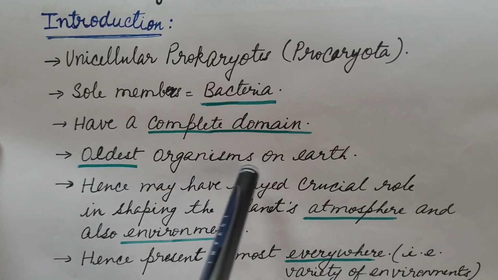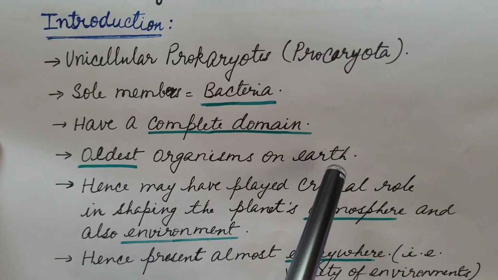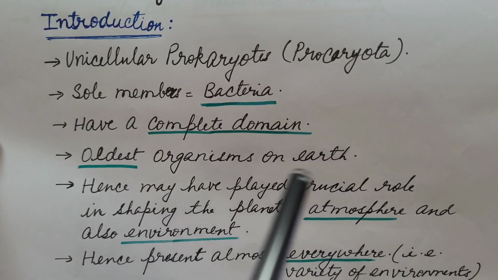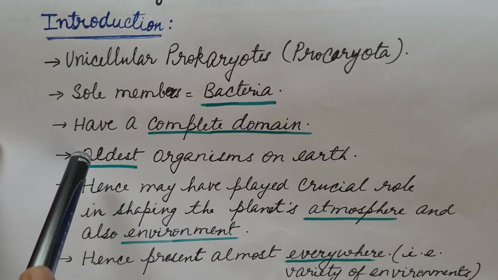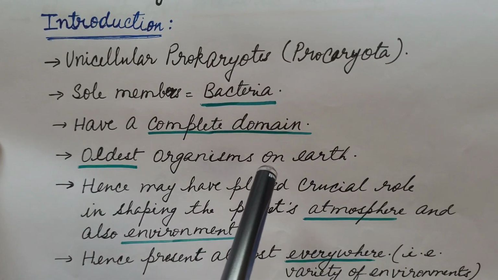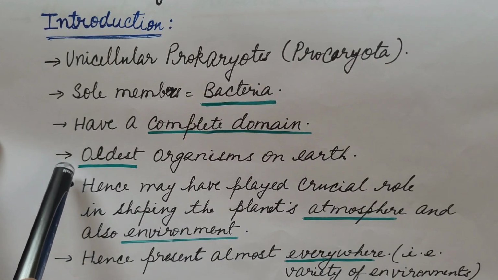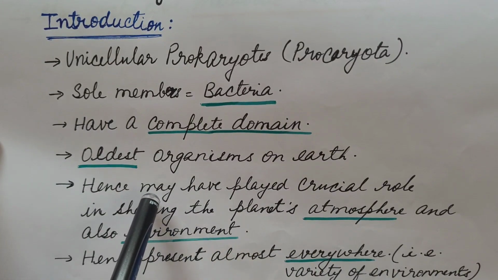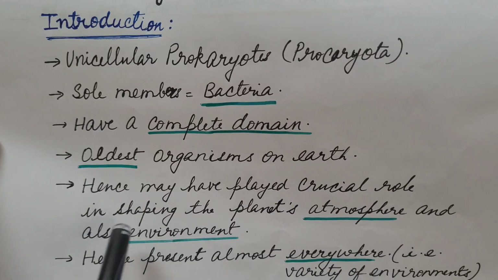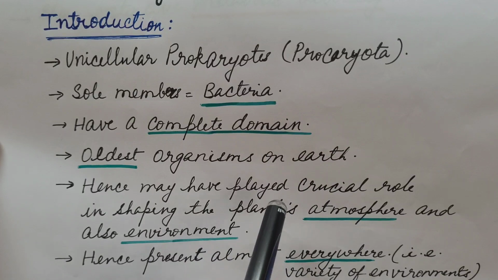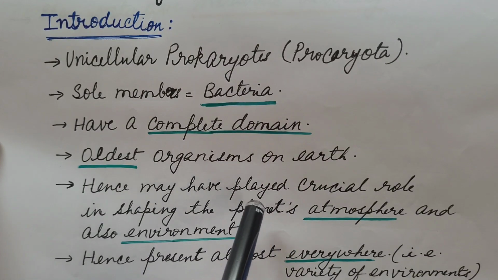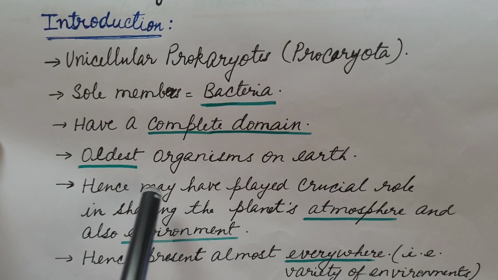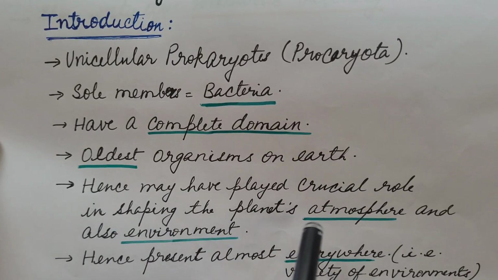These are the oldest organisms on earth which date back billions of years. So we can say that these have been around for billions of years. And being the oldest organisms, these may have played a crucial role in shaping the planet's atmosphere and also the environment of the Earth.